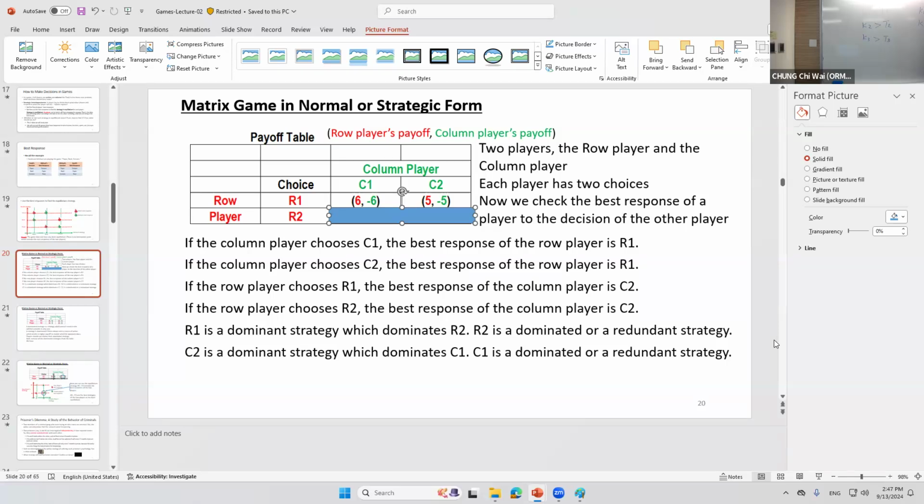If the row player chooses R1 and the column player chooses C2, then the payoff is minus 5. Which one is better? Minus 5. So if the row player chooses R1, then the best response of the column player is C2.